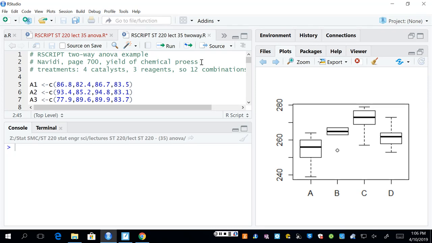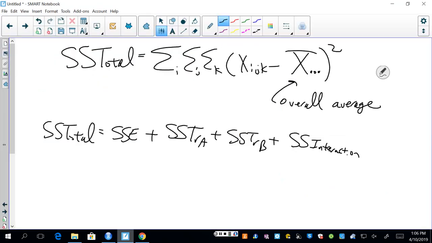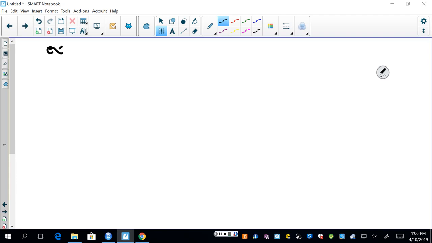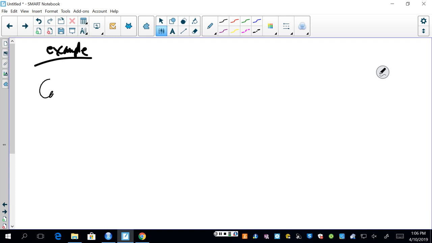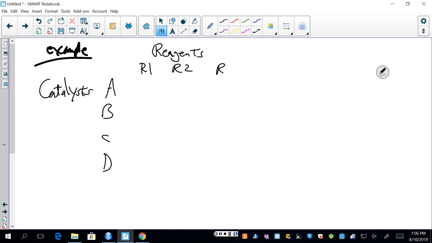And we have 4 levels of A. So our example here, we have catalysts A, B, C, and D. And we have combined that with some different reagents, R1, R2, R3.